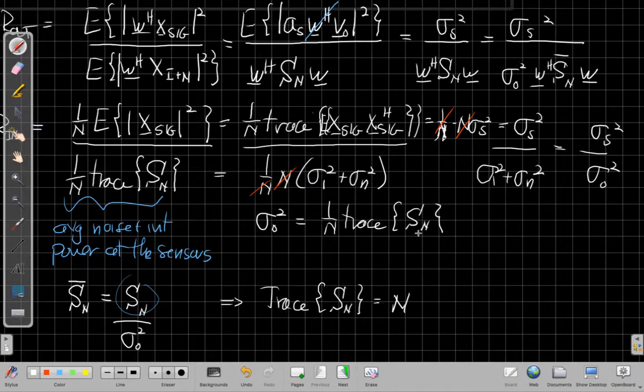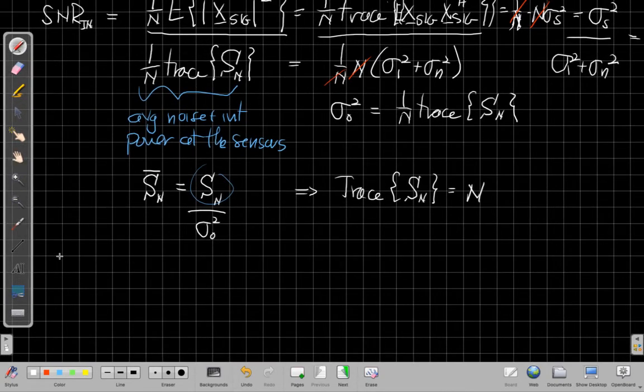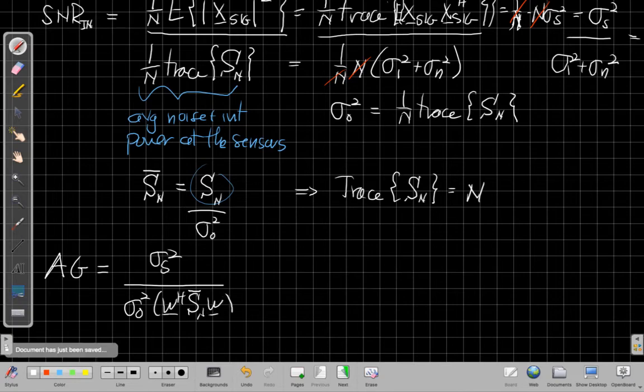All right, so maybe I can do that in general. Let me write that down, and then that's a good stopping point before we go to the next video. So based on all that, the array gain for any of these cases, I'll have sigma S squared over sigma naught squared times W Hermitian S n bar W, over the input SNR, which I'm going to write as multiplying by the reciprocal.